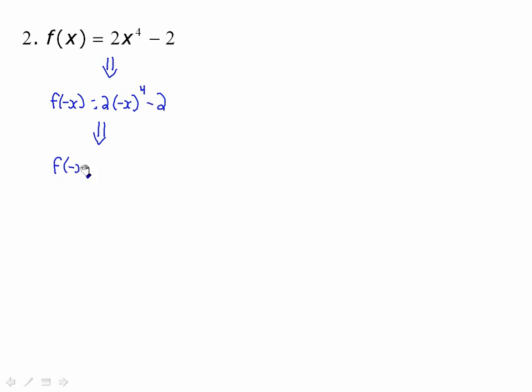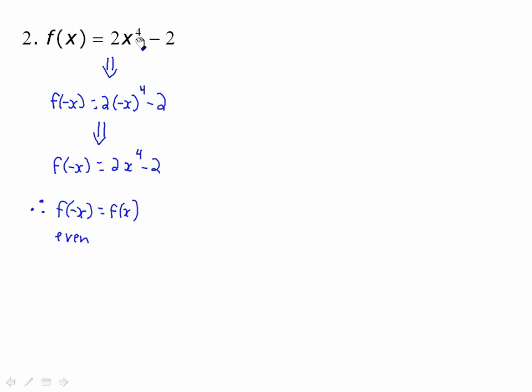As you go further, though, you might note that really this is like negative 1 times x, to the 4. So if you expanded that bracket, the negative 1 to the 4 is positive 1. So this is just 2x to the 4 minus 2. And we're back where we started from. So it means f at negative x is equal to f at x, which means that it is even.